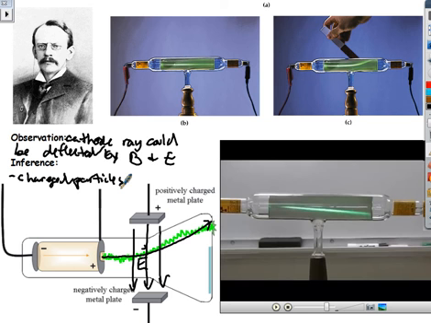So this was the first evidence that we had that actually the atom could be broken down into smaller bits. It wasn't a neutral particle that was moving across. It was a charged particle. So we were able to take the atom and break off these negative bits, which we know now are electrons. And these negative bits were what actually composed that cathode ray.